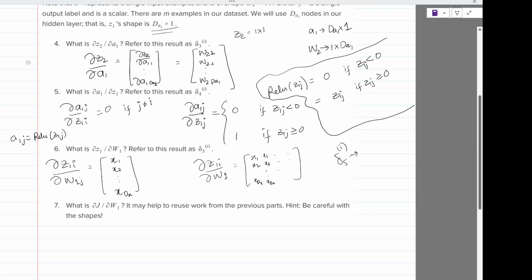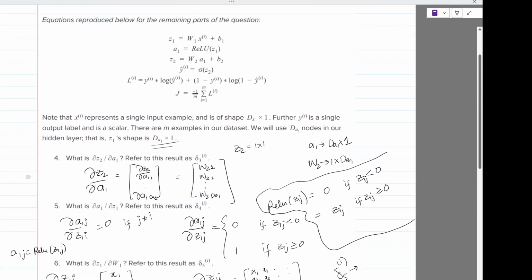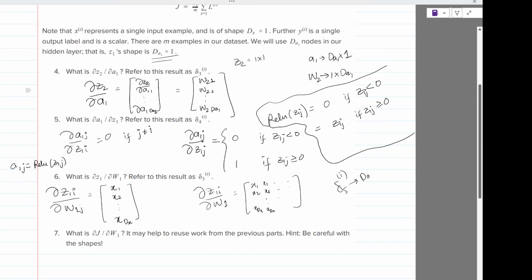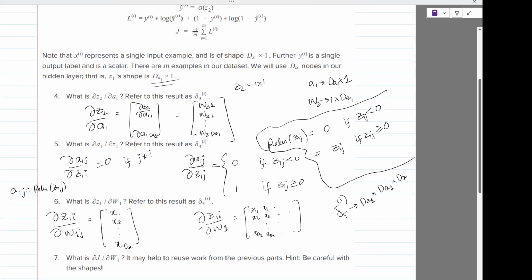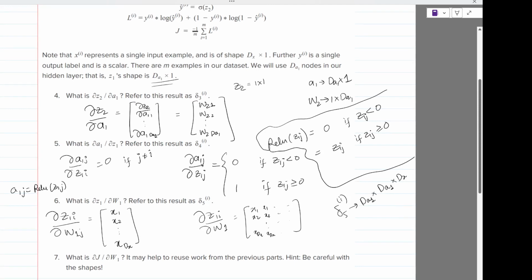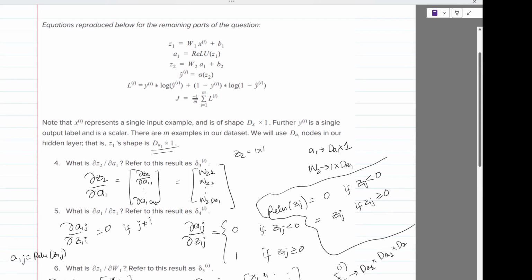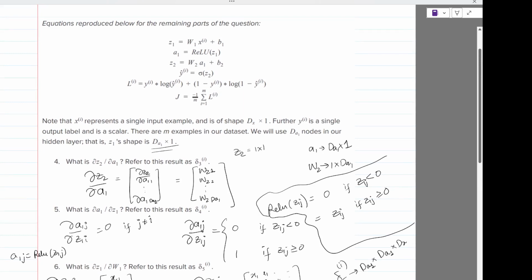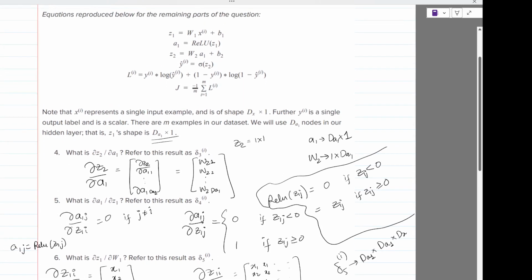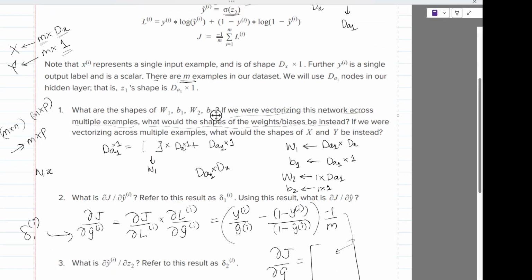But let's just assume for now it is da1 cross dx. I think this is the shape.